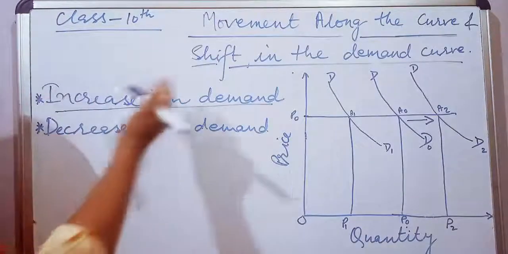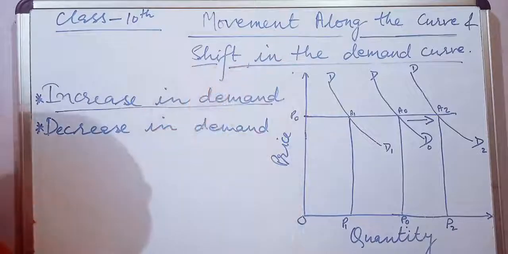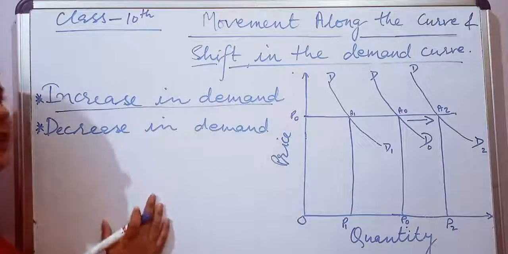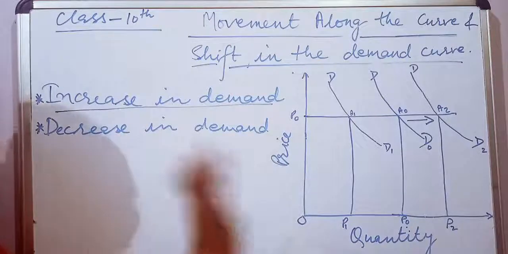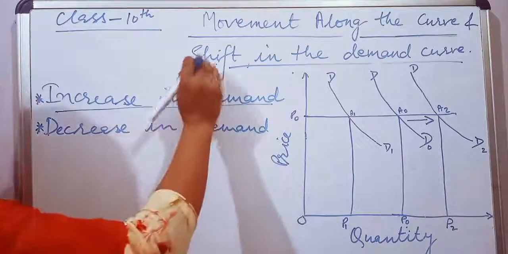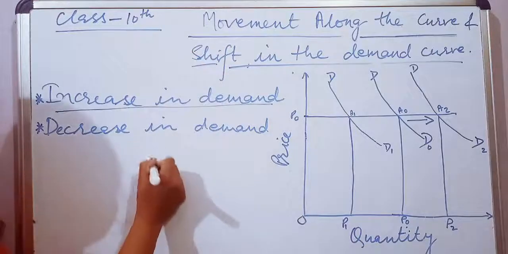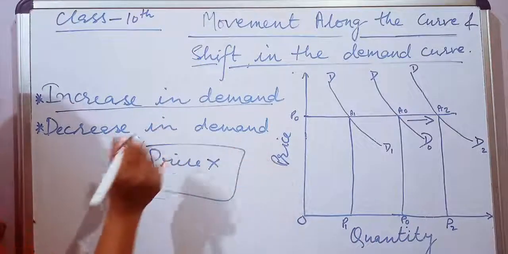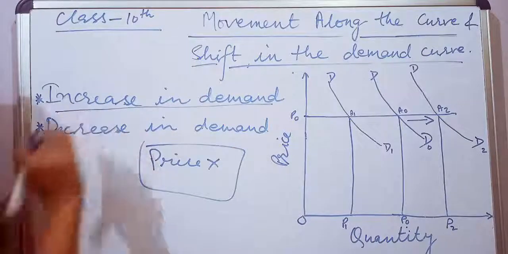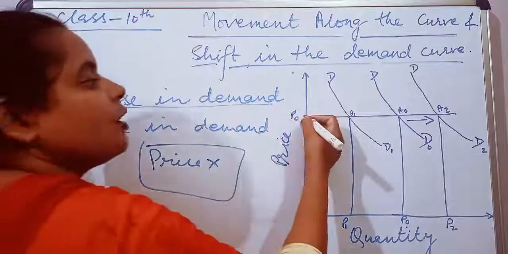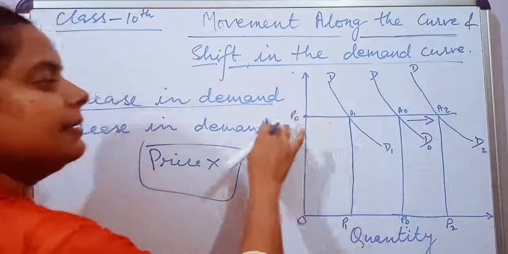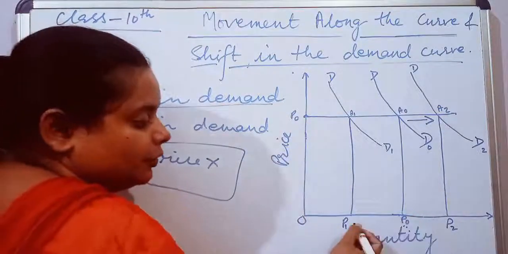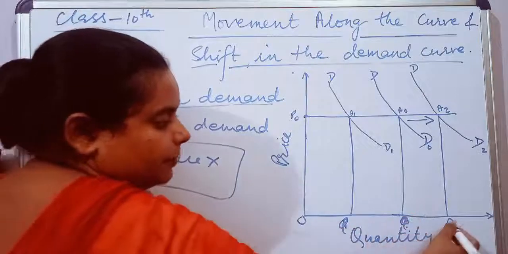Dear students, now we are going to study about shift in the demand curve. Before, we studied movement, in which the price of a commodity changes but other factors remain unchanged. But in the case of shift, the price remains unchanged. The price will not change at all. So in case of increase in demand, what happens? Suppose the price of tea is P0 and the quantity demanded is Q0.